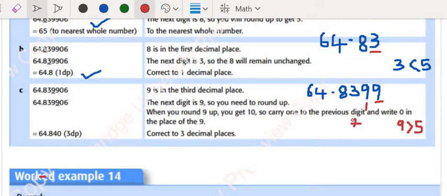When we add 1 to the third digit, 9 plus 1 is 10, it becomes 0 here, and 1 carries here, so 4, 8. So the answer is 64.840 for 3 decimal places. So you can see the answer here. So this is how you have to find out the decimal places.